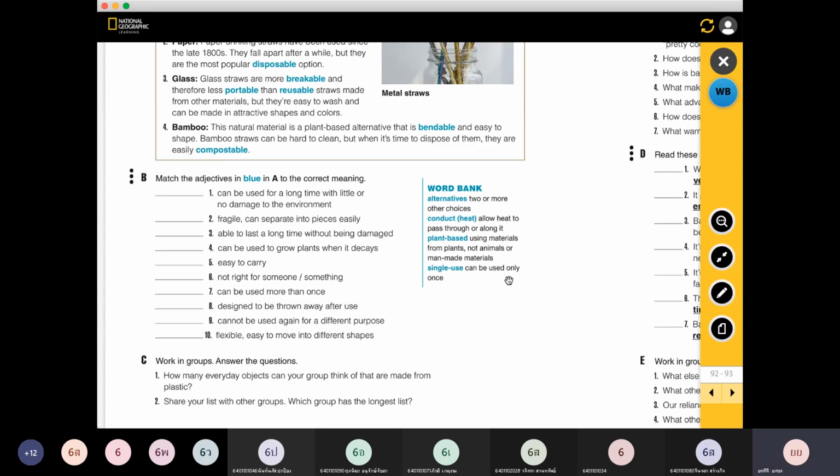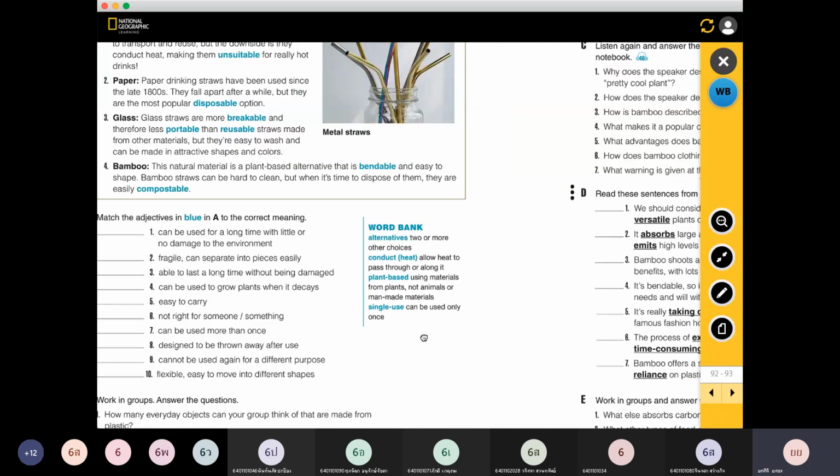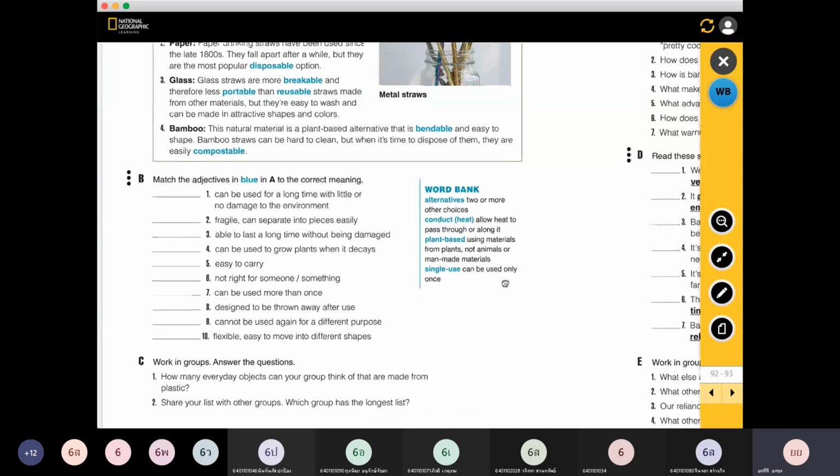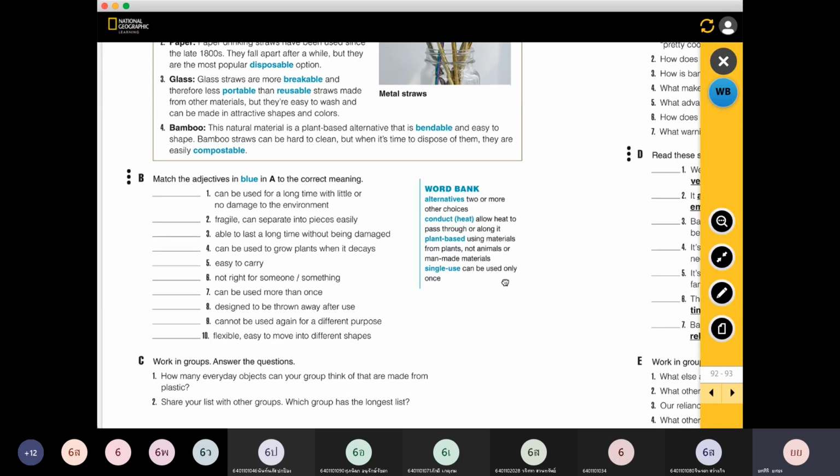So anyway, there might be reasons that people like or dislike plastic, and nowadays you can see that people might use alternatives instead of using plastic, but we cannot avoid using it anyway.